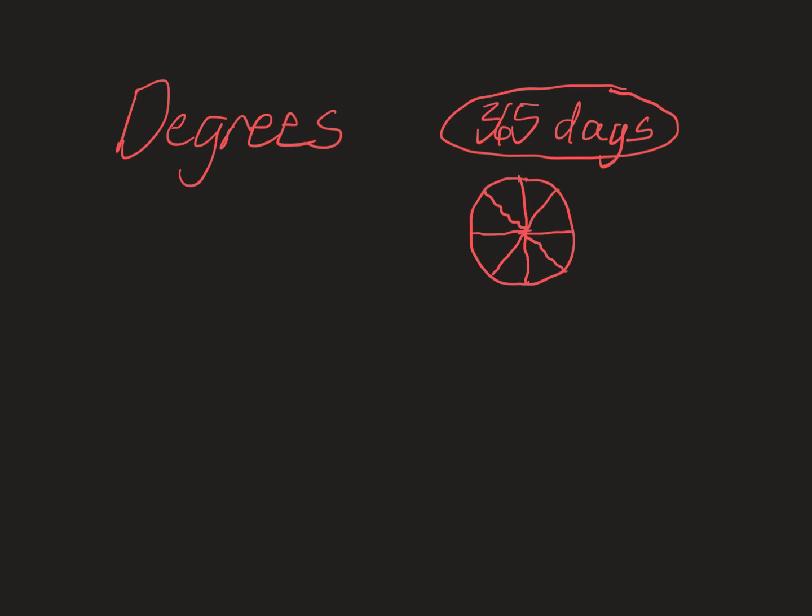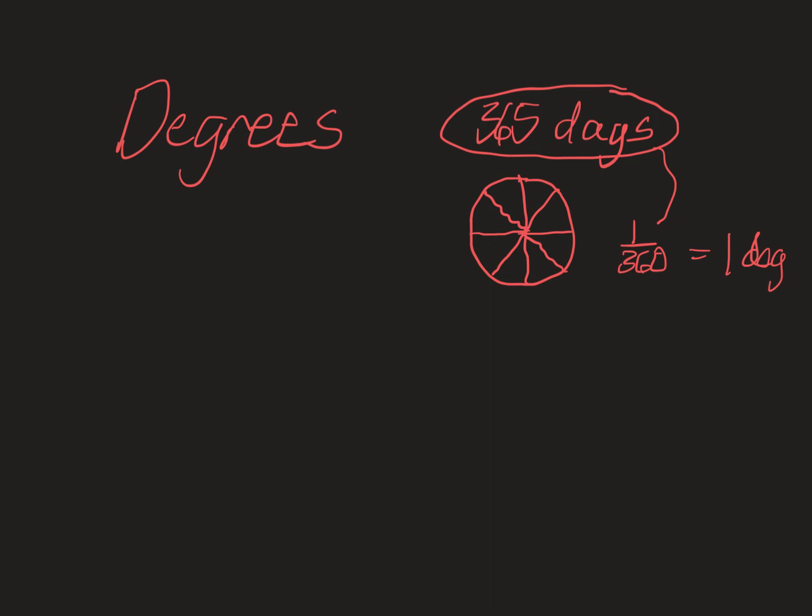And so once they divided that circle up, they took essentially 1/360th of the circle, which would represent to them 1 day. 1/360th of the circle was equal to 1 degree. And that's how we got degrees.